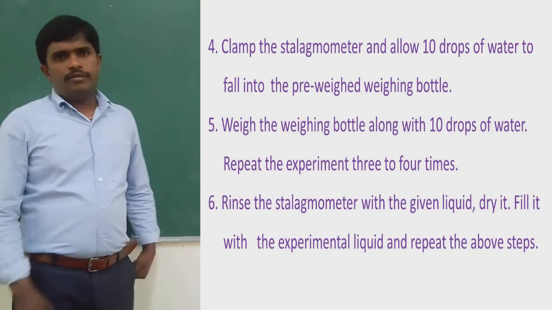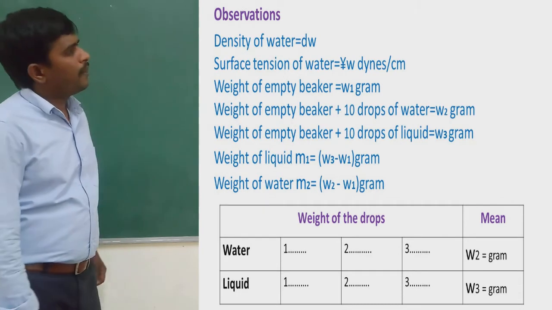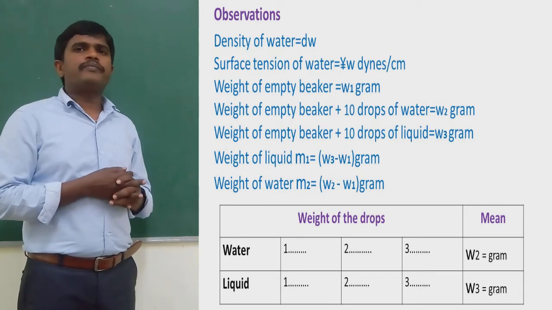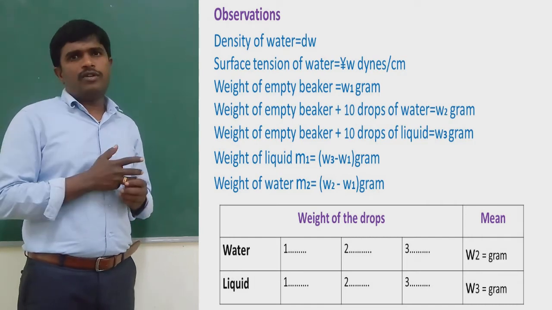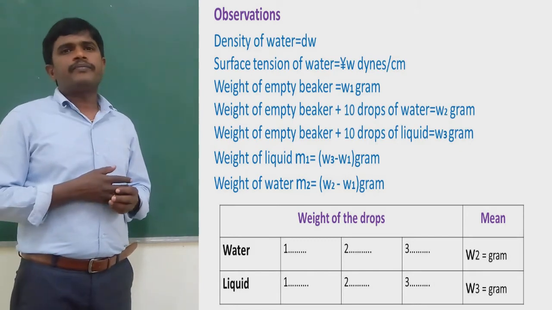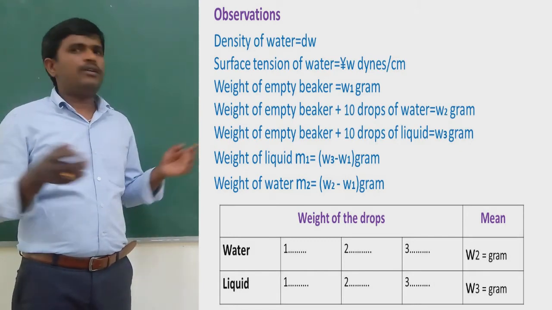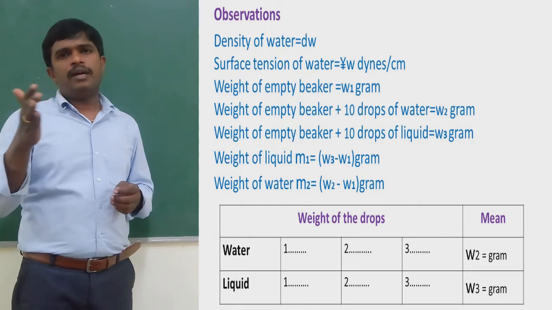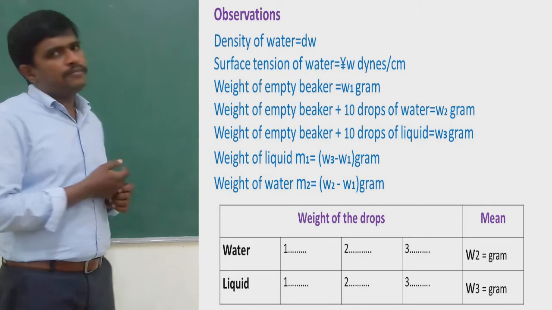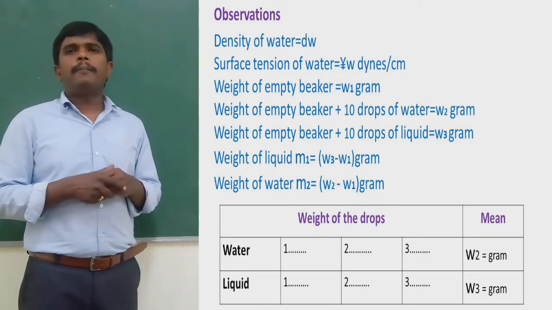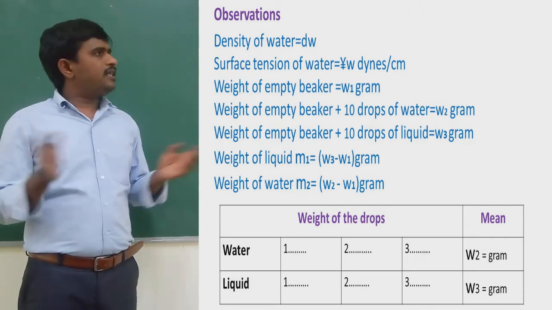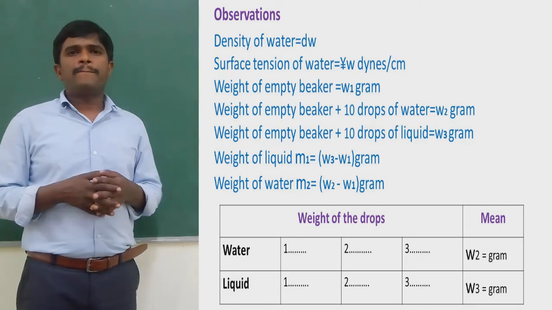Coming to the observation part of this experiment, density of water is known, it is dW. Surface tension of water is also known, that is gamma W in dynes per centimeter. Weight of empty beaker is W1 gram. Weight of the empty beaker plus 10 drops of water is W2 gram. Weight of the empty beaker plus 10 drops of liquid is W3 gram.